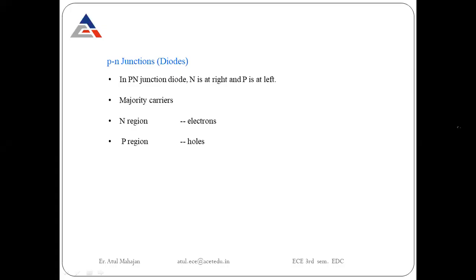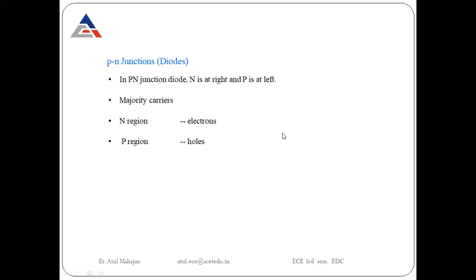Okay, in the PN junction diode, the N side is always at the right side and P is always at the left side of this diode. The majority carriers of the N region are electrons, and for the P region we have the holes. Majority carriers means the concentration of the charge carriers which is higher in the N region and P region.